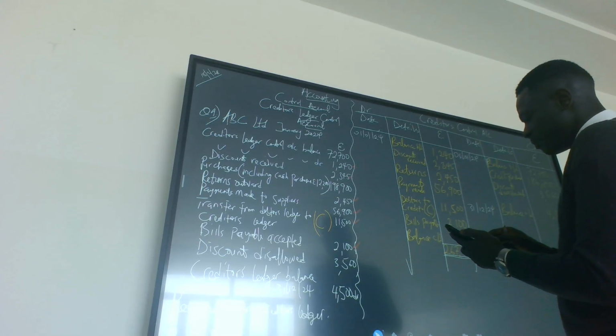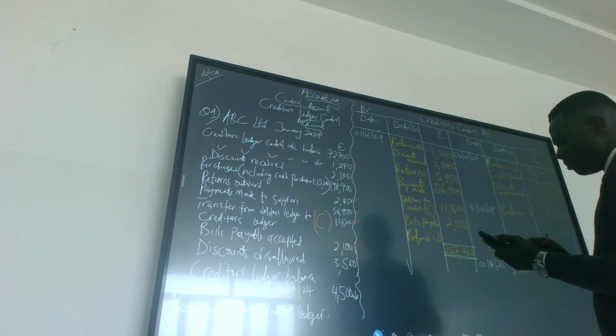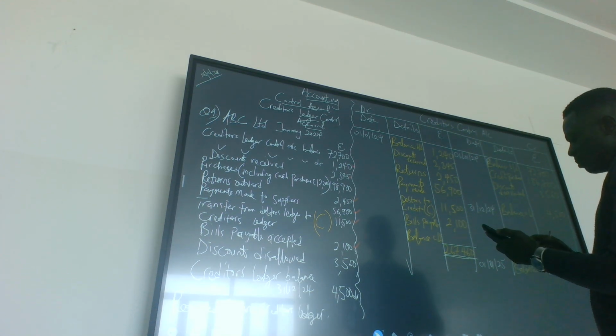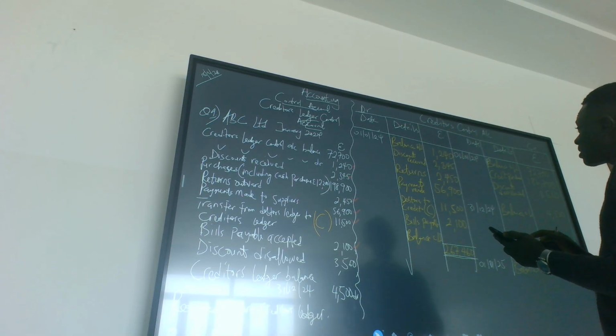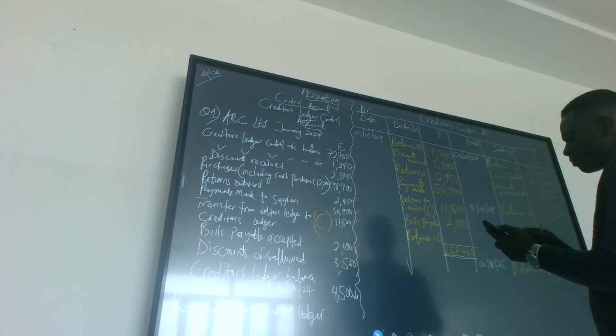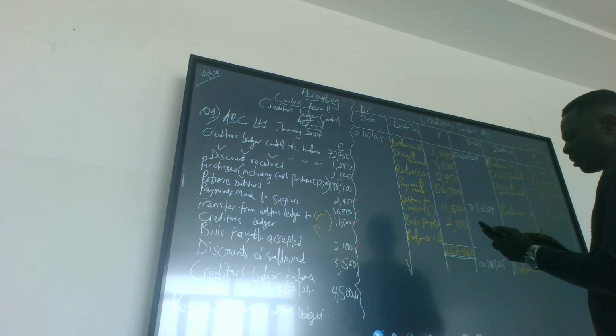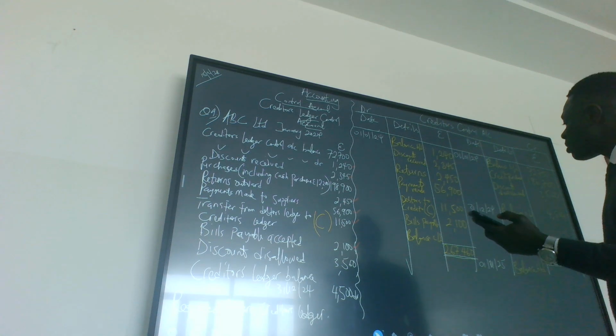Now we calculate this side to get the balance carried down. We have 1,240 plus 2,345 plus 2,450 plus 56,900 plus 11,500 plus 2,100. So we need to do it again. Sorry guys. 1,240 plus 2,345 plus 2,450 plus 56,900 plus 11,500 plus 2,100 gives 76,525.